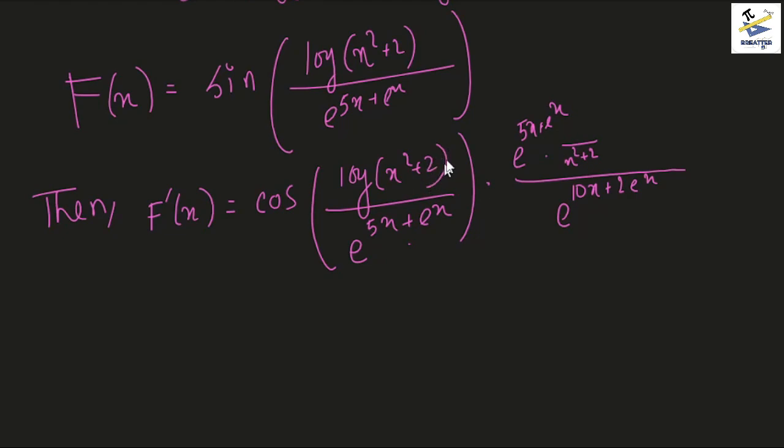So here the derivative of the constant is 0 and the derivative of x square is 2x, so 2x minus ln of x square plus 2 plus remains like that. And now we do the exponential. The exponential remains the same, so it's e to the power 5x plus e to the power x, multiplied by the derivative of 5x plus e to the power x, which is 5 plus e to the power x.